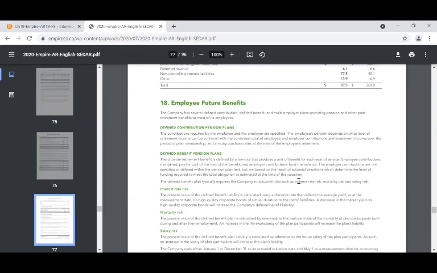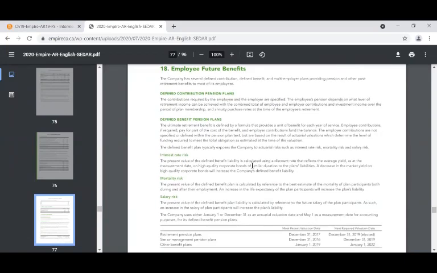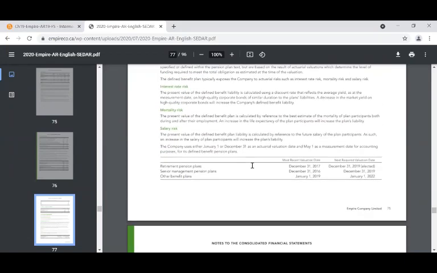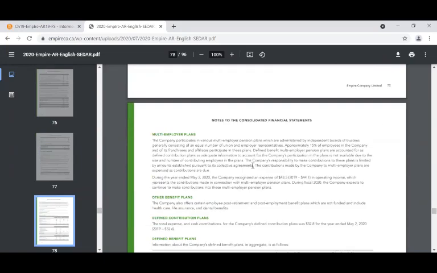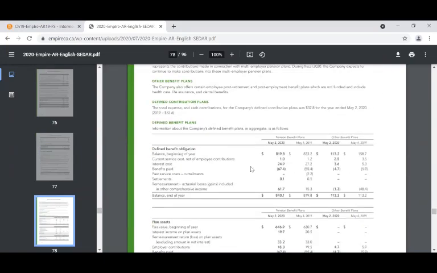It's quite a long note because they tell you what kind of pension plan they have. Defined benefit would have more disclosure, but they also have a defined contribution plan, that just has nothing in the footnote. And they have all the risks and assumptions. But what I want to show you is this continuity table.